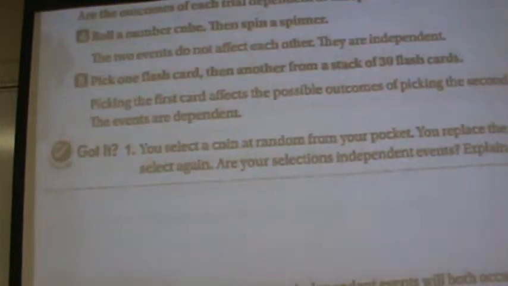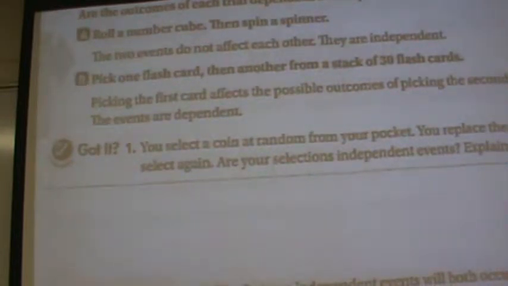So here we go. Number 1. You select a coin at random from your pocket. Picture you have a pocket full of coins. Then, read this, it says you replace the coin and select again.